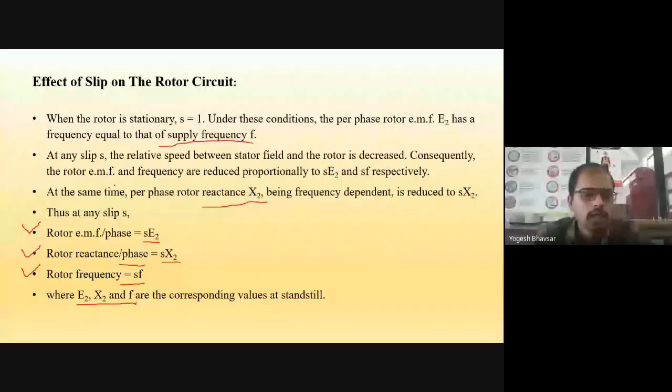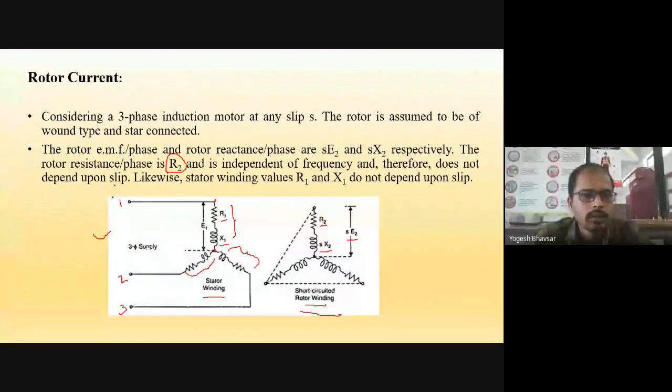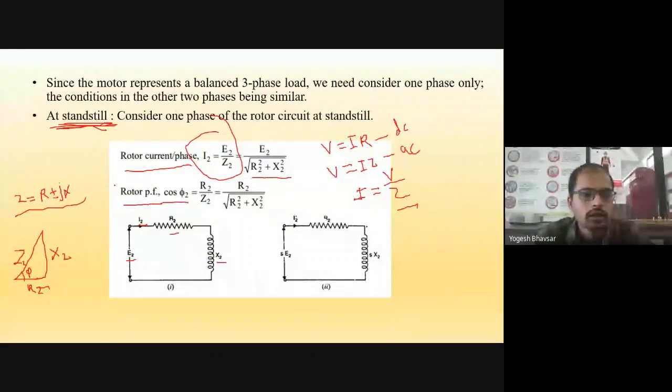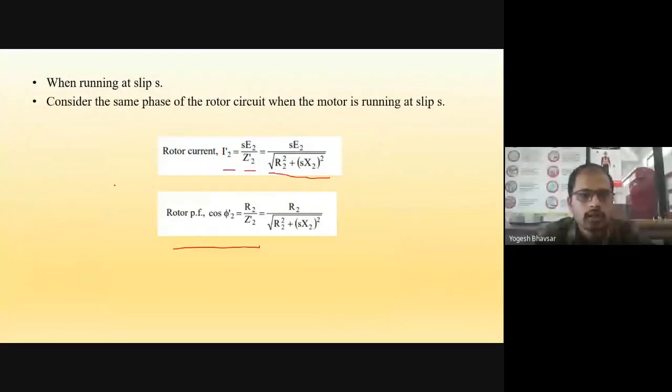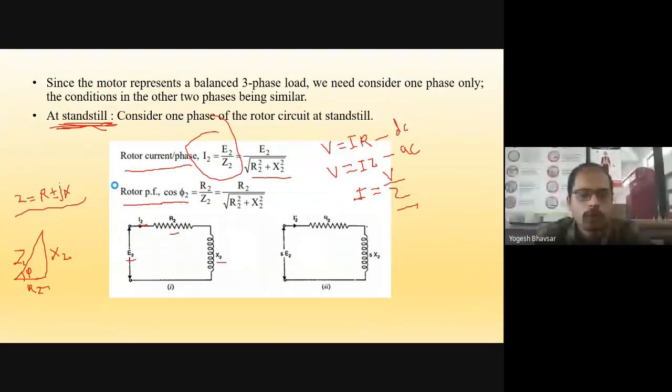Then similarly the rotor induced EMF, which is equal to S times E2, and the rotor reactance per phase, which is equal to S times X2. While running, we can write all these parameters. Then the rotor current at stationary as well as running, with respect to the rotor power factor cos phi 2.